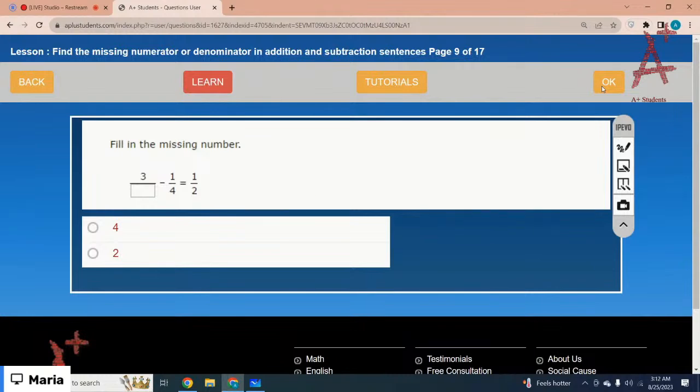Okay, which is the missing one? 3 over missing minus 1 over 2 equals 1 over 2. Which is the correct option? Which one is missing?